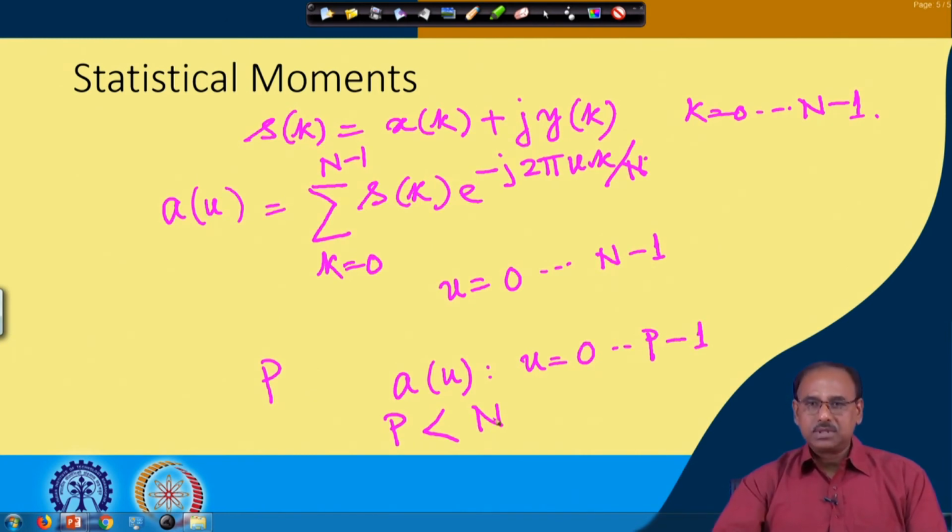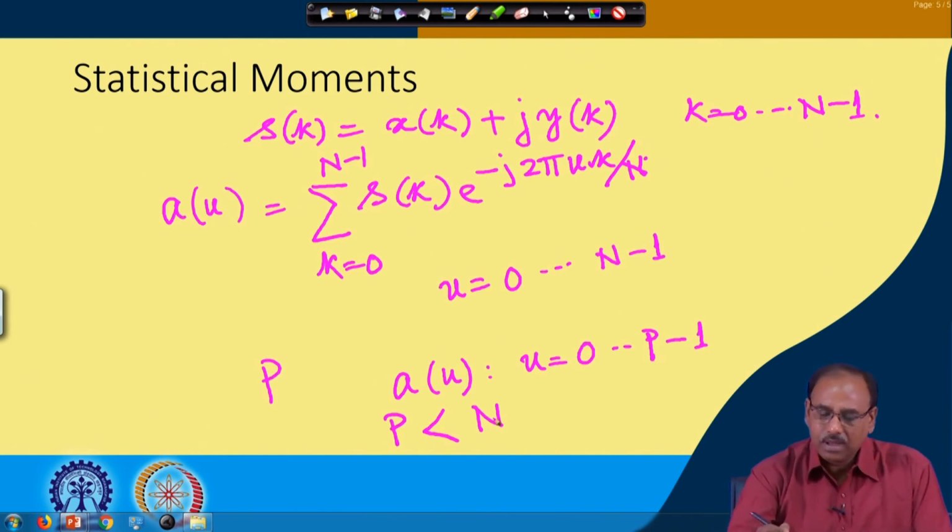To see the effect of the truncation of the coefficients, I can take the inverse Fourier transformation to reconstruct the boundary with which I started, for which I had taken the forward transformation.